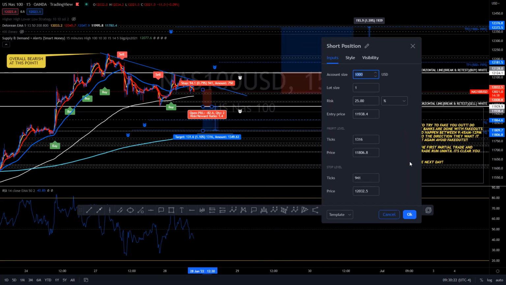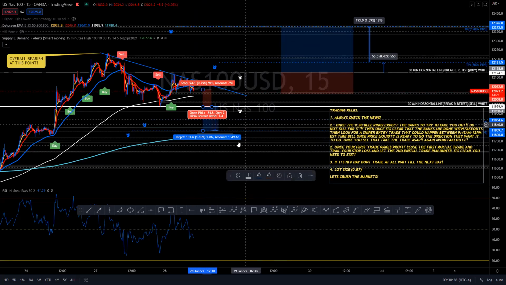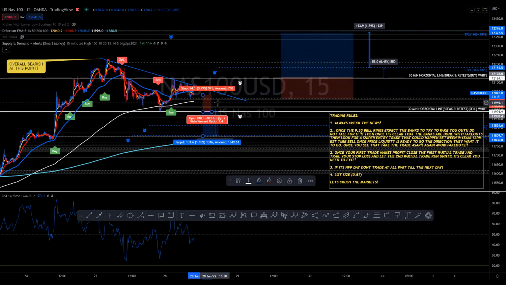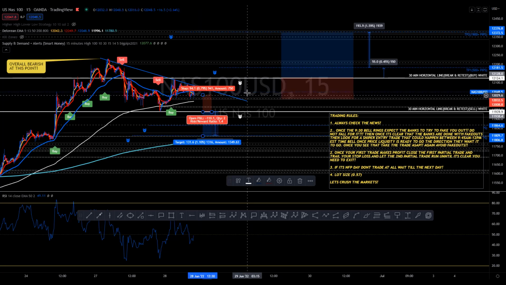I'm probably going to wait for that 10 o'clock candle. But if it passes this 200 moving average and breaks this, then it may drop. But we see that it's rejecting the 200 EMA.